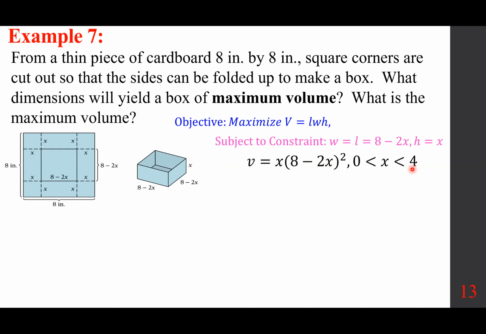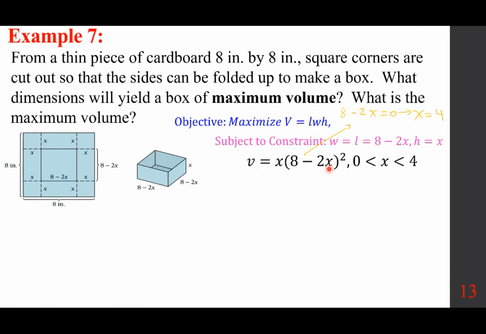The question is why? Let's look at the reason for that. So x must be positive because it represents dimensions. Why is it less than 4? Take a look at this piece, 8 minus 2x. If you set it equal to 0, x becomes 4.